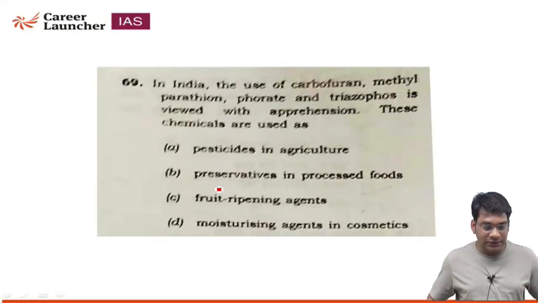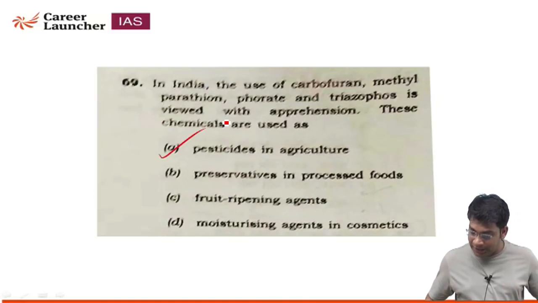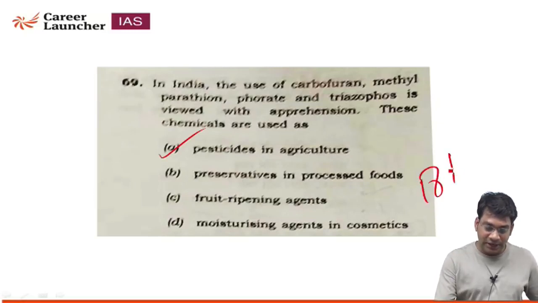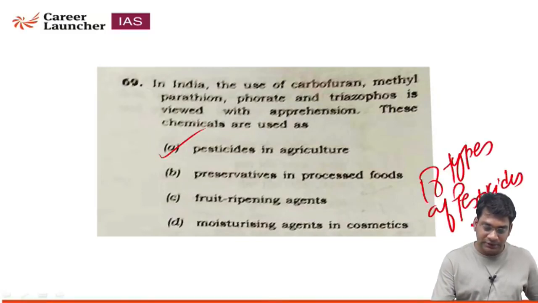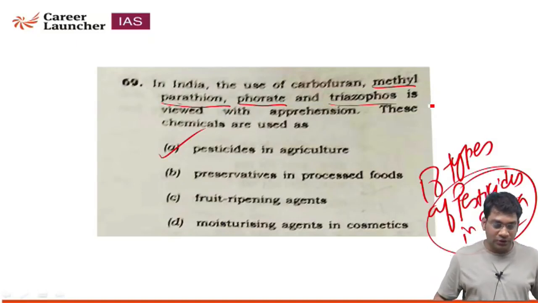Question number 69. In India the use of carbofuran, methyl parathion, phorate and triazophos is viewed with apprehension. These chemicals are used as pesticides in agriculture. Recently the government banned 18 types of pesticides in India. Among these 18 types of pesticides, methyl parathion, phorate and triazophos are also included.